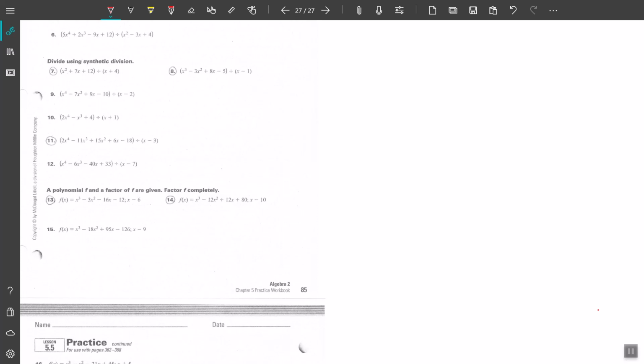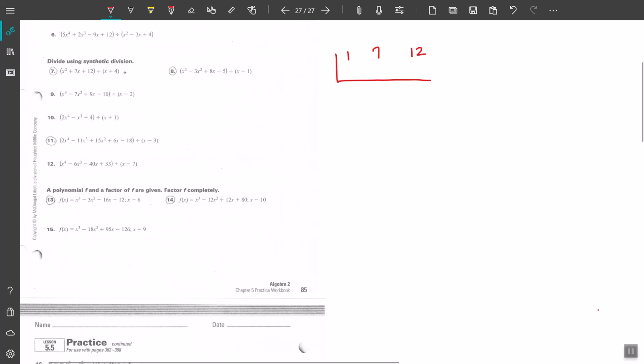So we're going to set up that kind of half rectangle, and we're going to look at our trinomial and pull out the coefficients. I've got a coefficient of 1, a coefficient of 7, and a coefficient of 12. There are no terms missing there, so we don't have to hold any spots with a 0.